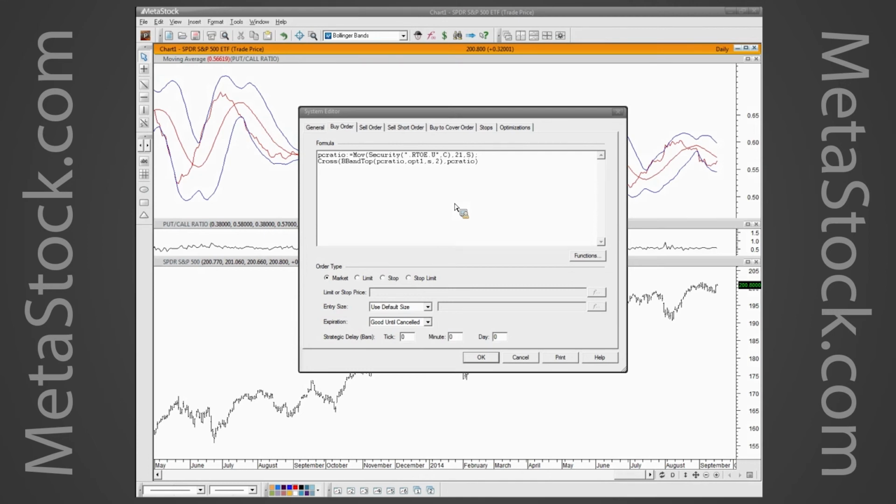Okay, we have a question from Jim asking if we can optimize multiple variables at the same time, and yes, you can. If I wanted to do more than one, then I keep OPT1 in there as it is, and then I can do another optimization using OPT2.